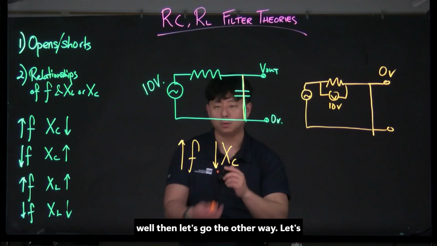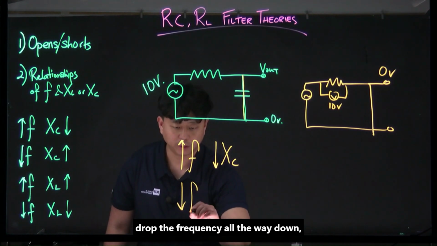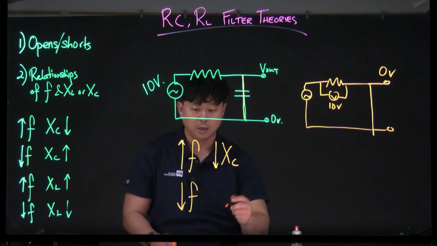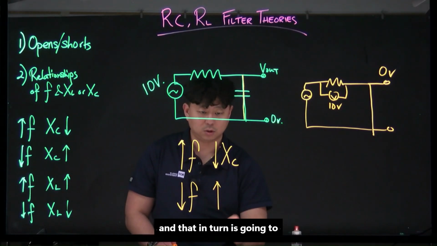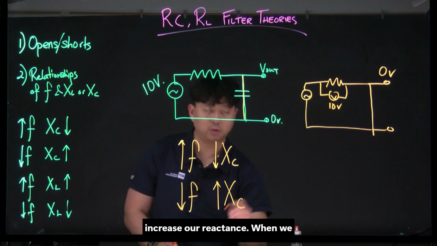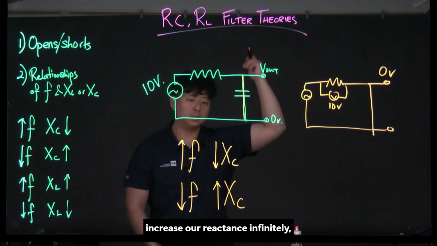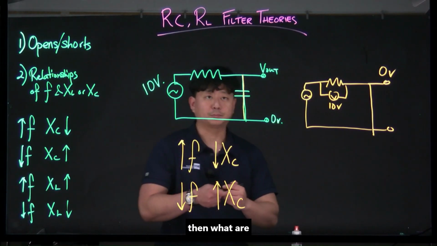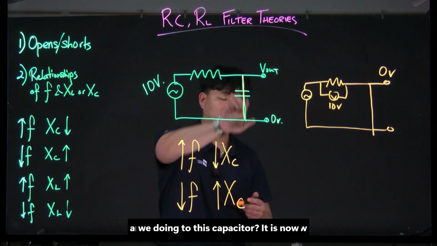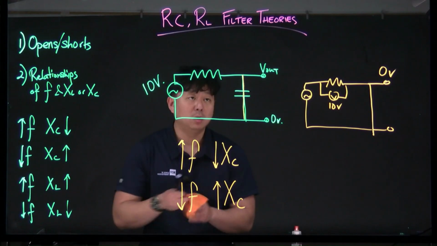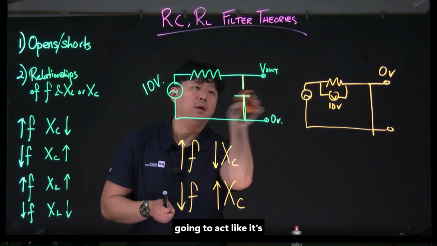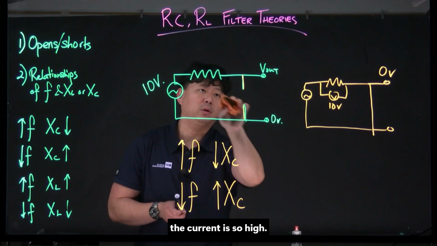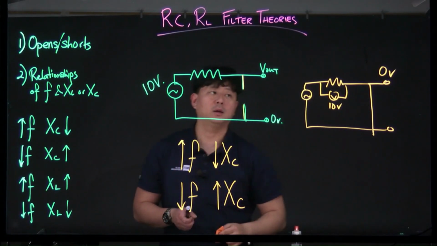Okay, well then let's go the other way. Let's drop the frequency all the way down, super low, 10 or 20 or 100, and that in turn is going to increase our reactance. When we increase our reactance infinitely, what are we doing to this capacitor? It is now going to act like it's open. The opposition to current is so high.